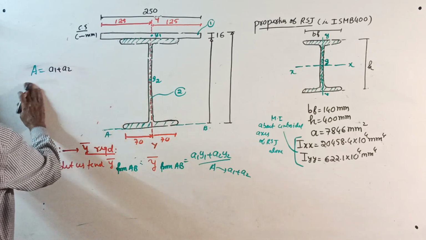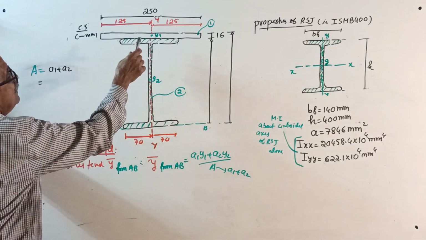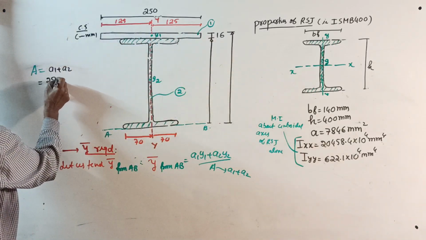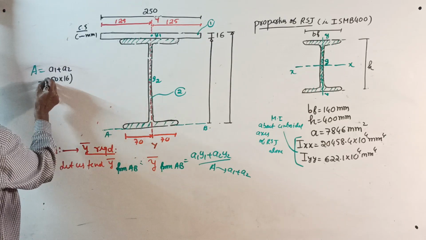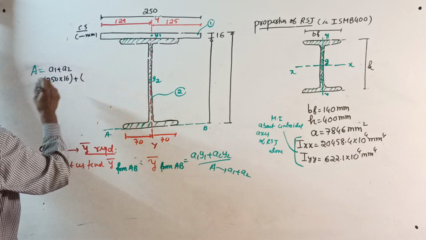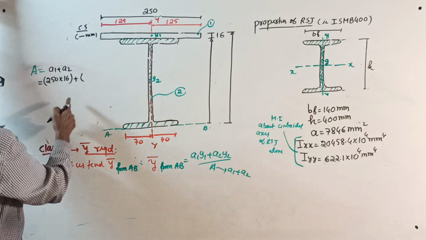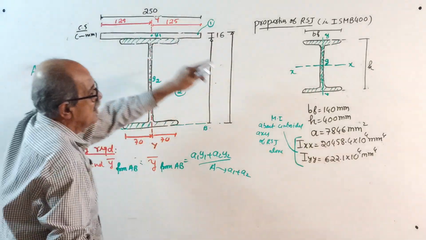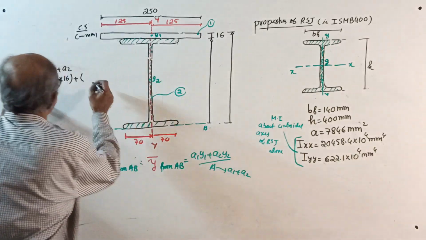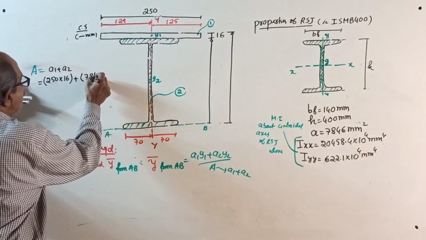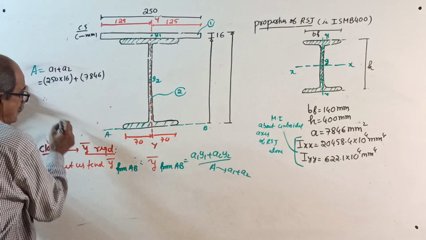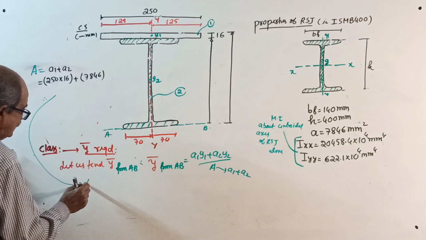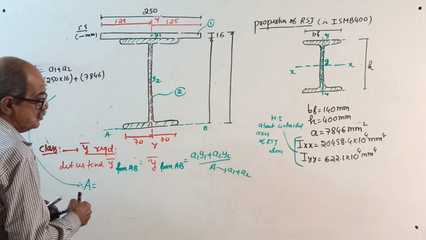First, A1 is the area of the rectangle, 250 by 16, plus A2. A2 is the complete I section area, 7846.